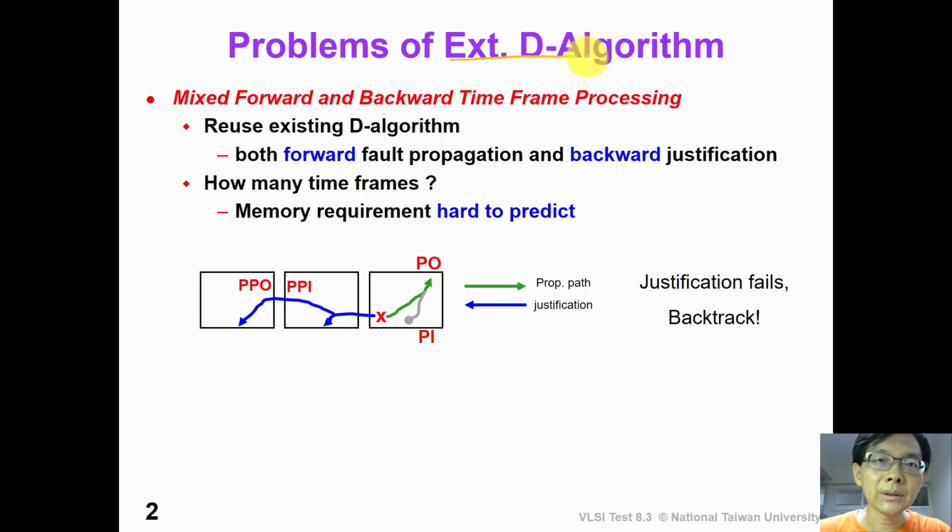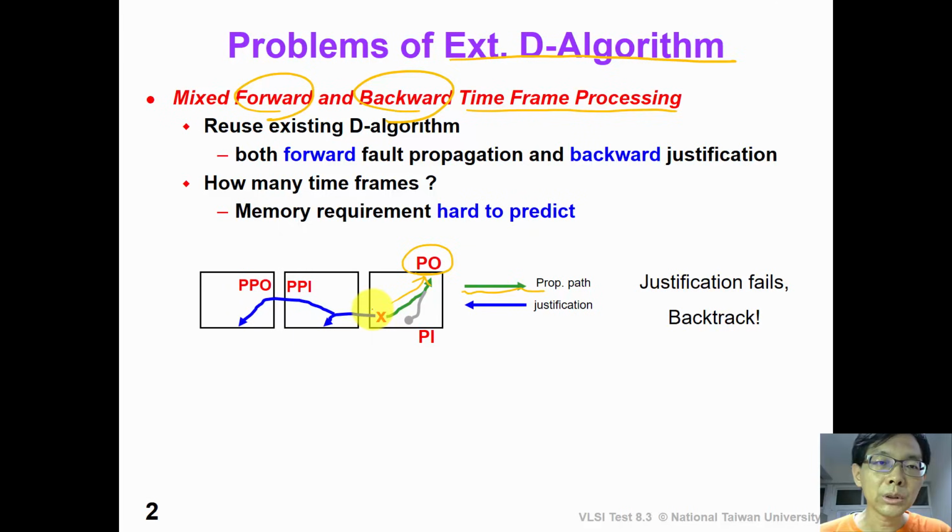In the previous extended D algorithm, we use both forward and backward time frame processing. That means sometimes we use forward propagation like the green path. We propagate the faulty effect to a primary output for observation.